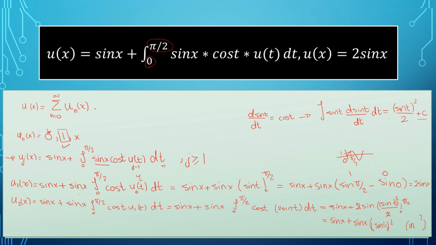Okay, so we have sine pi over 2 squared, which is 1, and sine 0 squared, which is 0, and this will give us 1. Okay, so we will get 2 sine x.